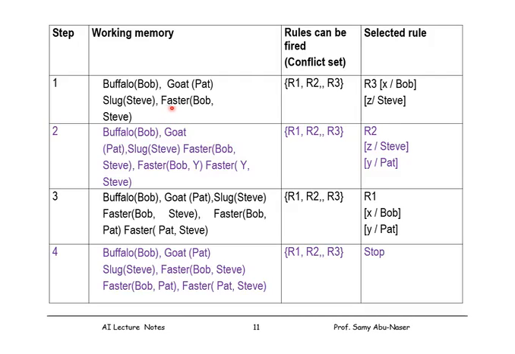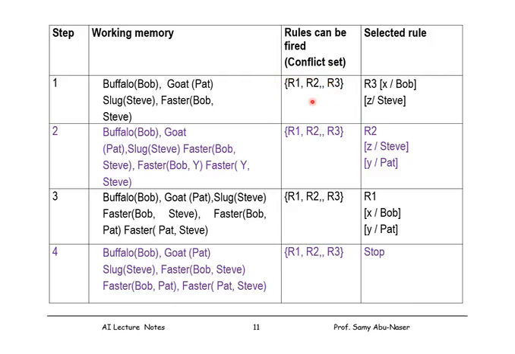We find also faster Y and Z in second rule, and we find first X and Y in the first rule. So faster is found on the right hand side of the three rules. So the three rules can be fired at the same time. We call this conflict set.